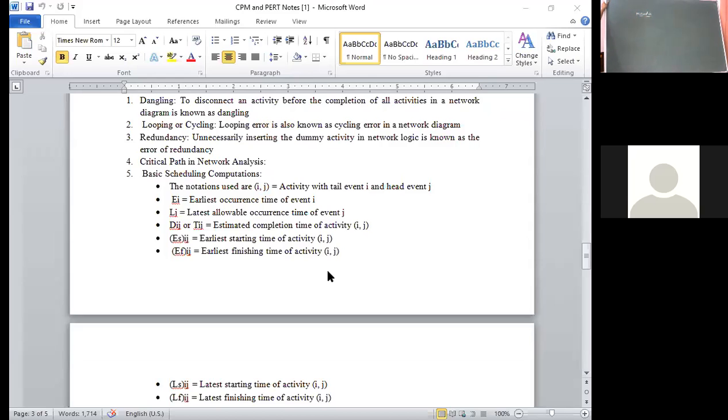A network is a diagrammatic representation, in the form of arrows and circles, of the activities comprising the project. In the last lecture, we discussed events, if you remember.